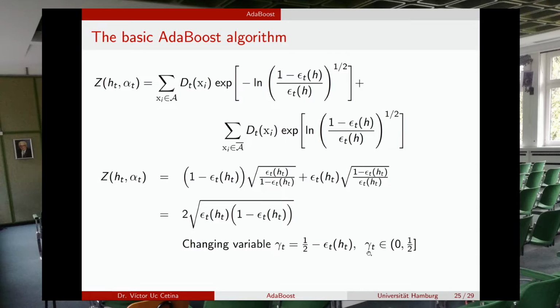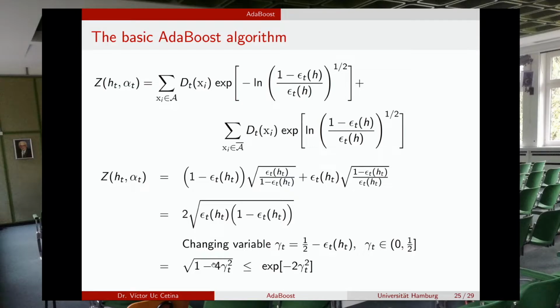So in the next step, what we do first is to substitute these epsilons here with an expression of gamma. So epsilon will be equal to 1/2 minus gamma, by moving this to the other side. If we have that expression, 1/2 minus gamma, and you write it here, you should be able to do it yourself.